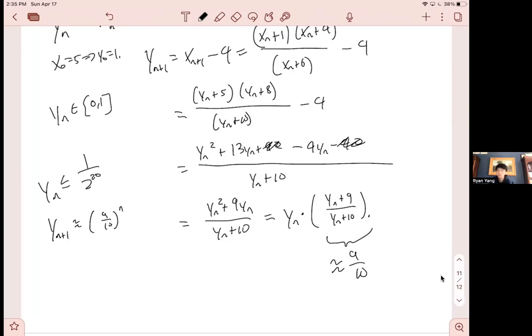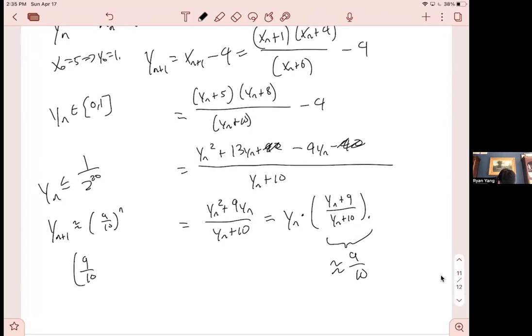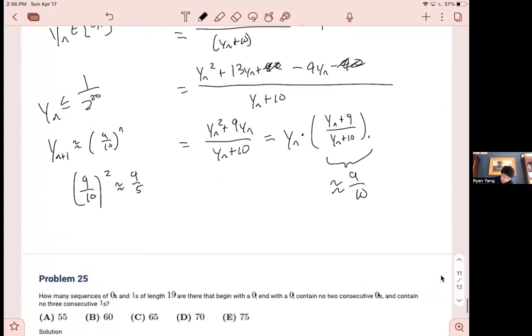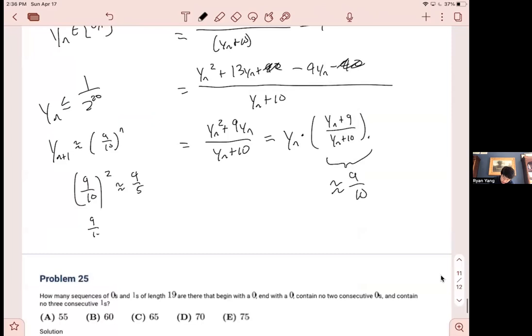And so, in order to find how long it takes for it to be below 1 over 2 to the 20, note that 9/10 squared is equal to 81/100, which is approximately 4/5. And 9/10 to the 6th is approximately equal to 64/125, which is approximately 1/2.